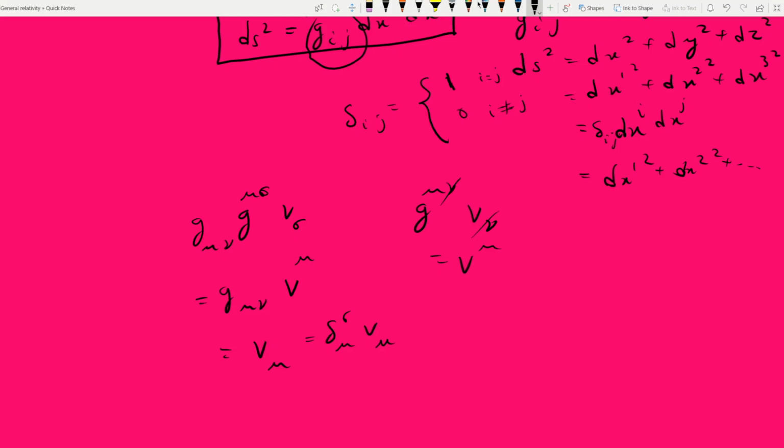We can write it like that. Why? Because when we have the Kronecker delta, if mu is not equal to sigma, then those components are 0. But if mu equals sigma, sorry, I've made some mistake right here. This isn't like that. Let's see where I've made the mistake. g mu nu, g mu sigma, v sigma.